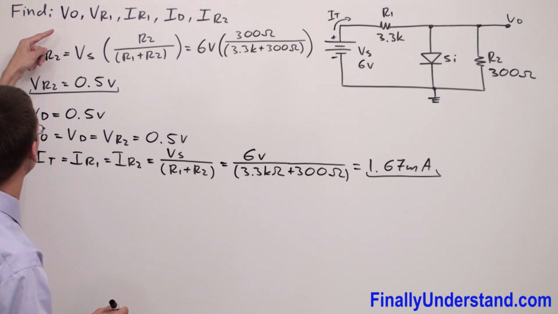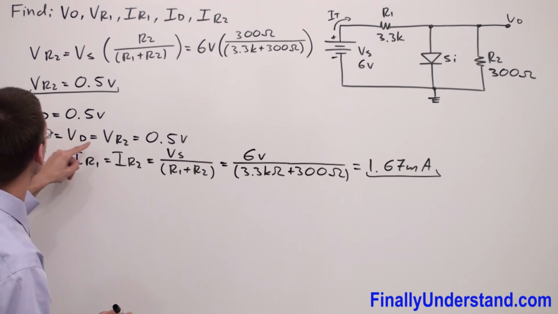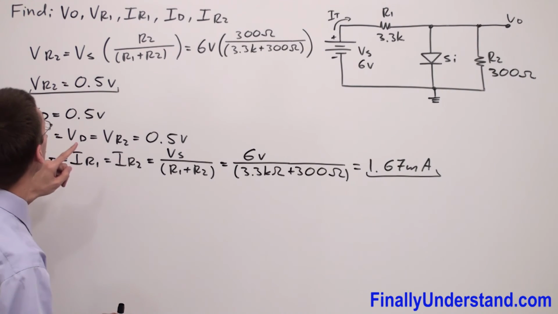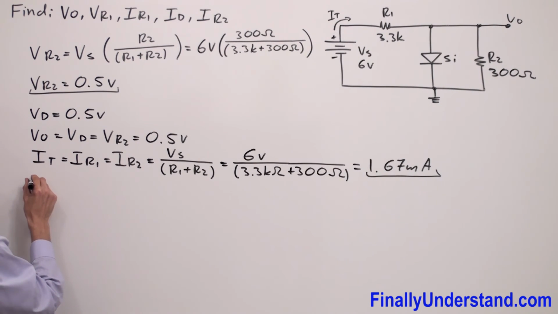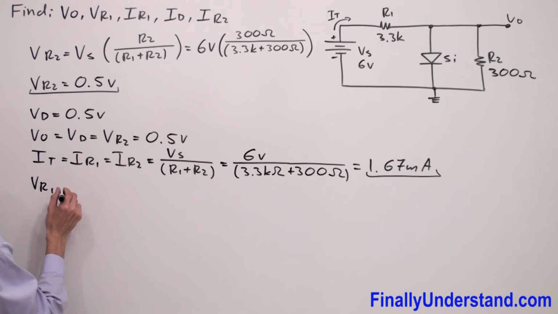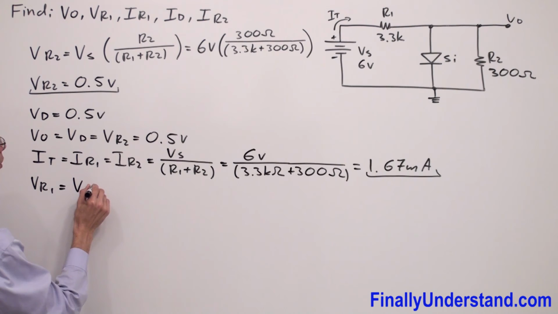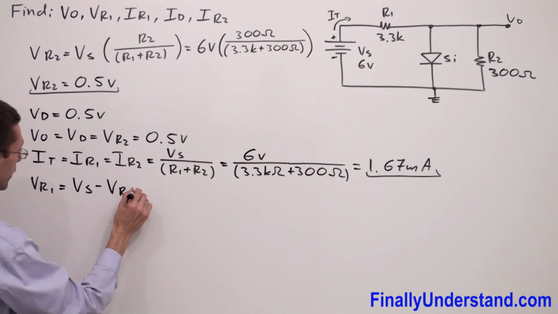So this is my total current, and basically we can say that we found everything, right? We have Vout. We said that the output voltage is equal to VR2, and if you want to find VR1, which we are missing, VR1 is equal to the voltage source minus VR2.